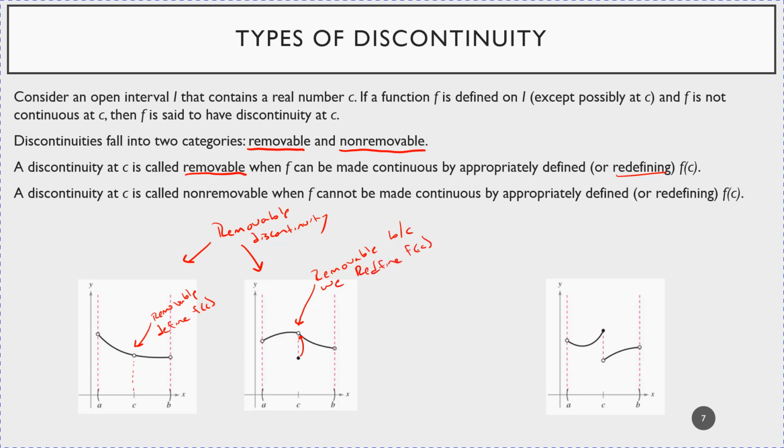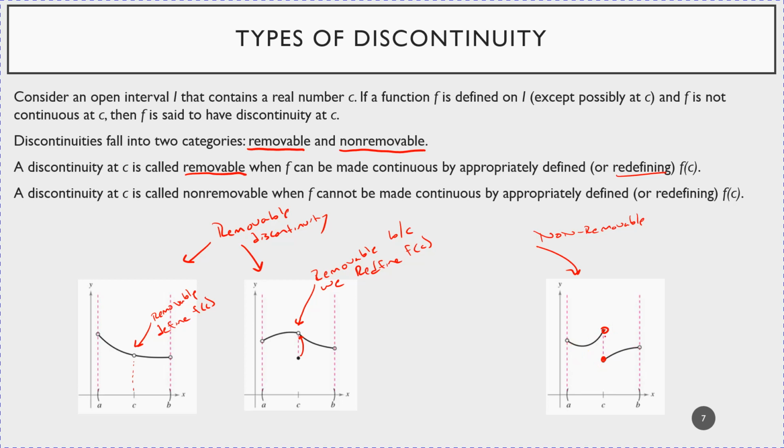Basically, if you have a hole or just a single point displaced like this, and I move the single point back up here, then you have what's called removable discontinuity. This is an example of non-removable. Even if I redefine this hole by opening this one up and closing this one, you still can't have the pen go nice and smooth.